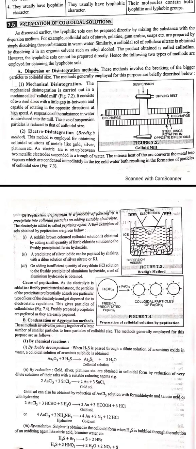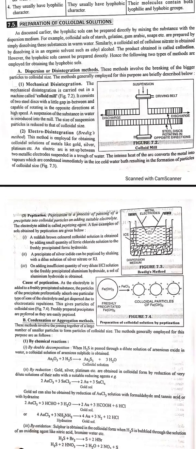Now, our third one is peptization. Peptization is a process of passing of a precipitate into colloidal particles on adding a suitable electrolyte. The electrolyte added is called peptizing agent. A few examples of sols obtained by peptization are given below. A reddish brown colored colloidal solution is obtained by adding a small quantity of ferric chloride solution to freshly precipitated ferric hydroxide.